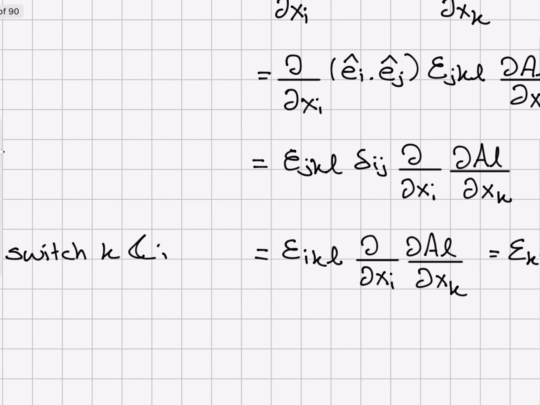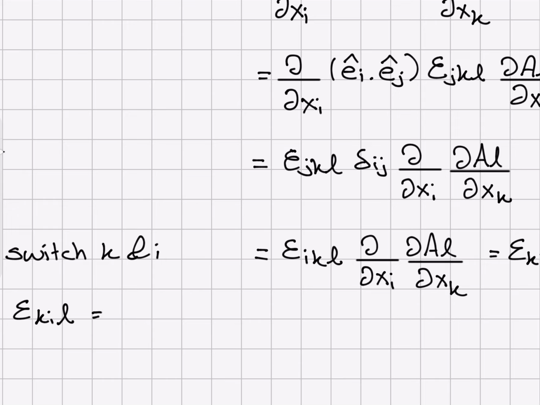But now I notice that in doing so, switching k and i here, I have epsilon kil becoming epsilon ikl, or epsilon ikl becoming epsilon kil.